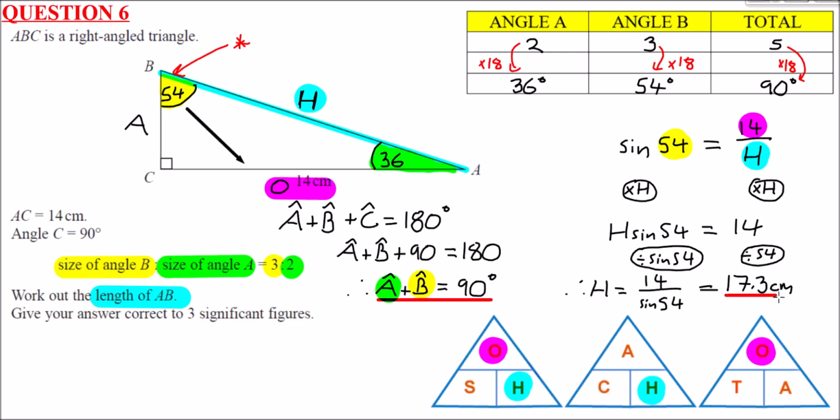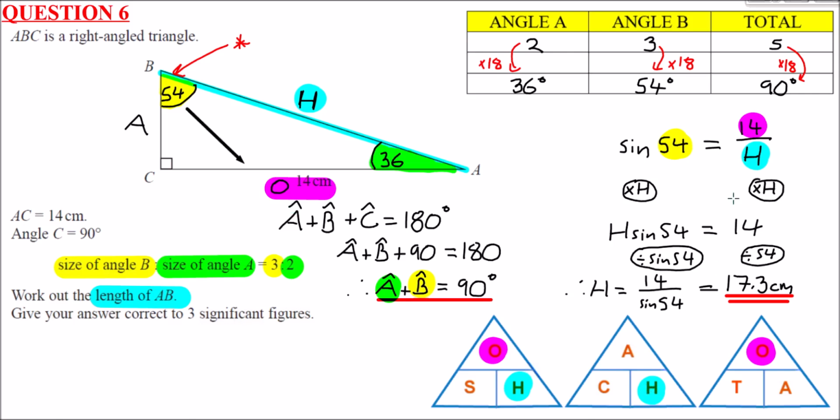Now I did promise I'd mention what if you picked A as the angle you wanted to go for. If I had picked A, the opposite side to angle A would have been this side here, BC, which I didn't know. Relative to 36 degrees, relative to A, I would have known this would have been the adjacent, okay? I would have known the adjacent and been wanting to find the hypotenuse, because relative to the 36 degree angle, this side here is the adjacent side. So what I would have done in this case is picked CAH, because I know the adjacent, I would want to find the hypotenuse.